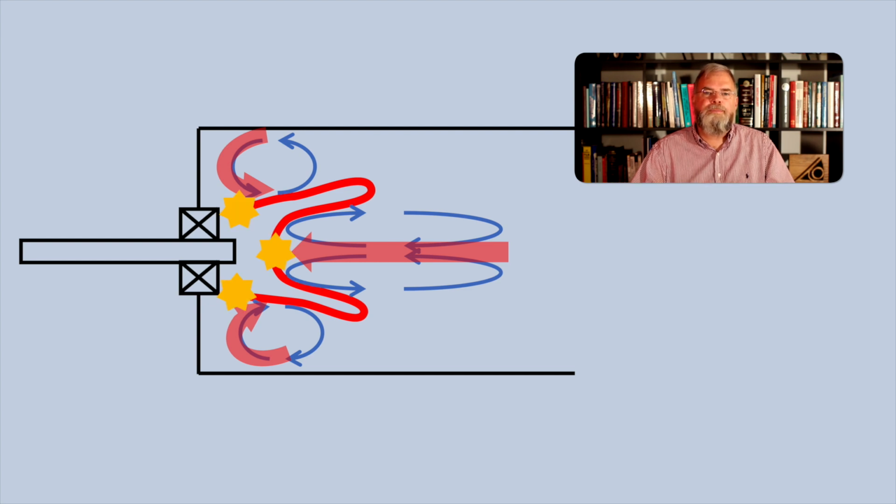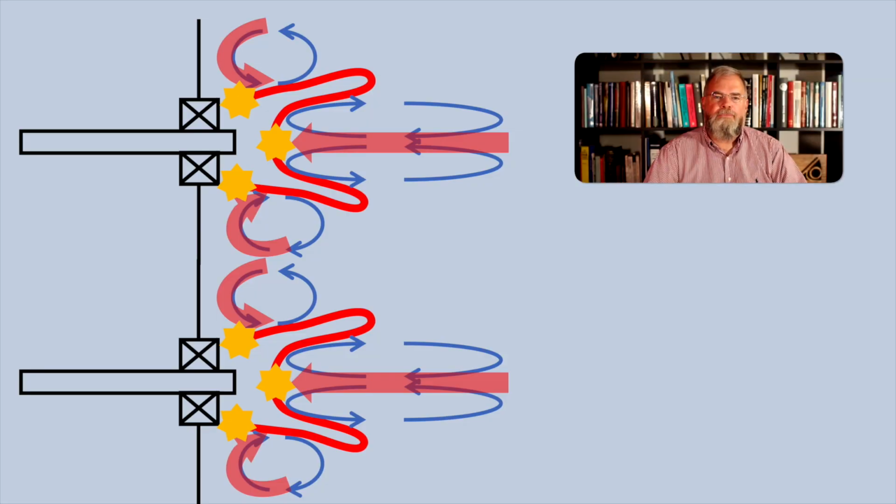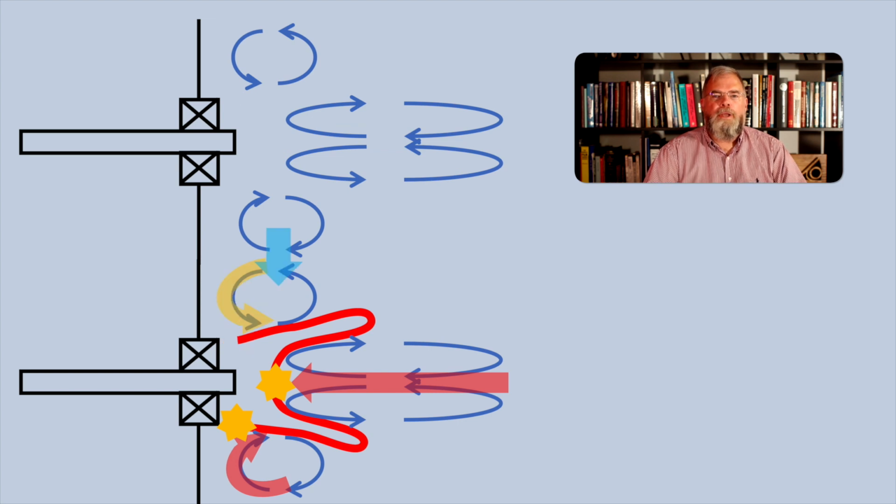And the flame is stabilized in both by the recirculation of hot exhaust gases, which ignite the fresh mixture coming from the burner. Now, if we consider a series of burners side by side, and we switch one of them off, the cold air from the outer recirculation zone of the burner which is off will mix with the hot exhaust gases in the recirculation zone of the burner next to it, which is still on. This reduces the temperatures of these gases.